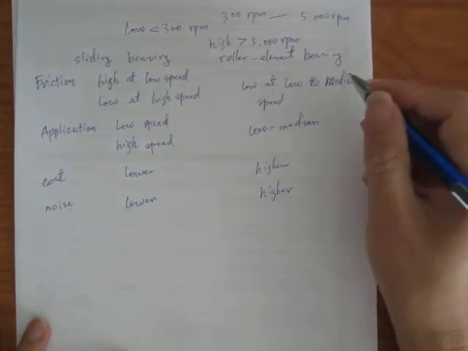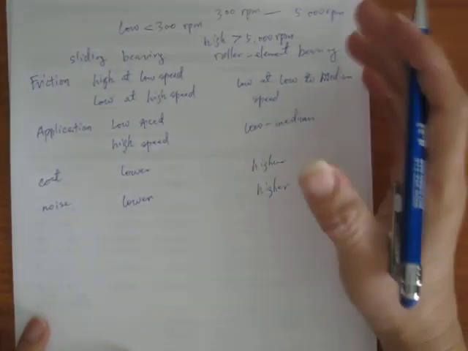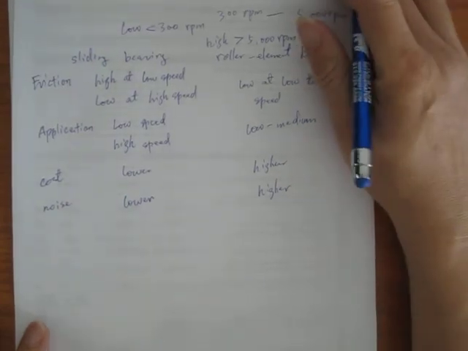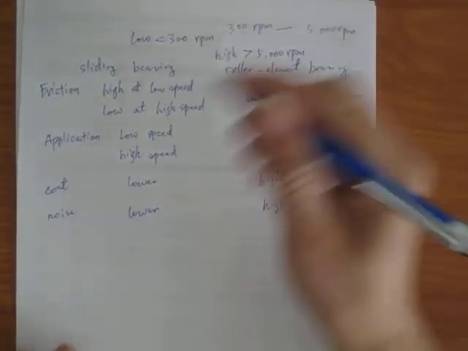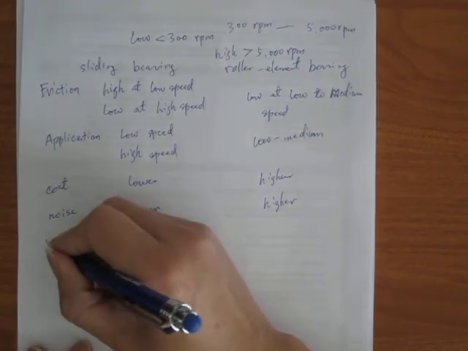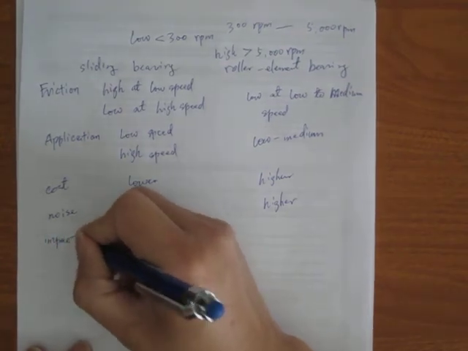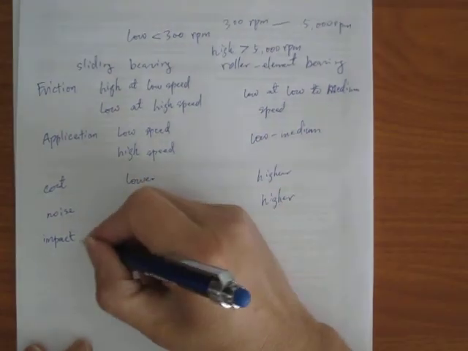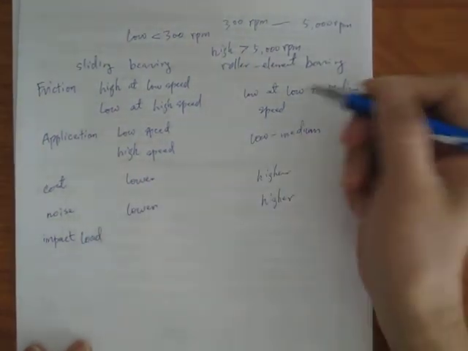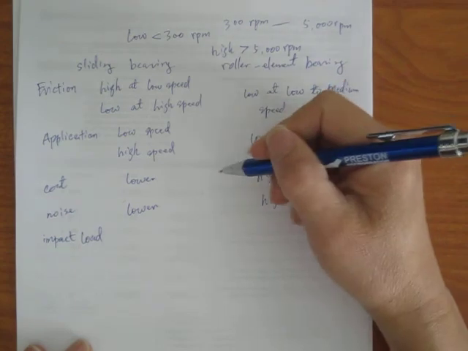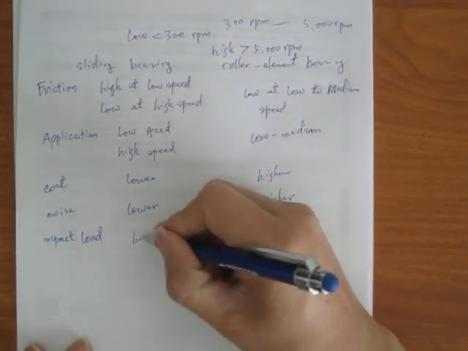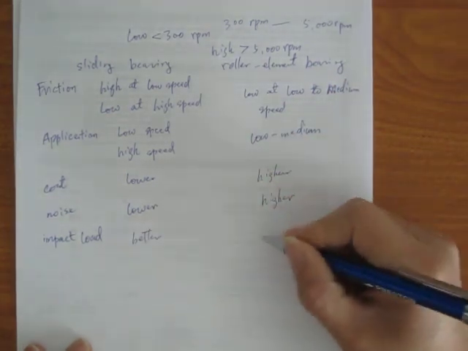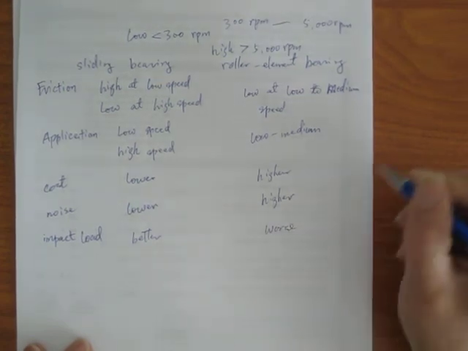Now another thing is that when you drive a car, you drive through a pothole. Right now, the road is full of potholes, and that's what we call impact. Pothole is an impact load, and to handle the impact load, this one is better. This one is worse, the ball bearing.